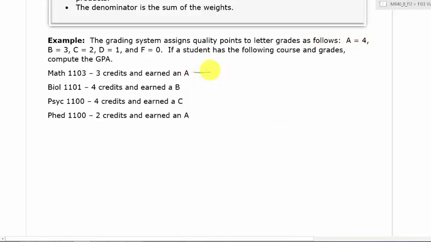So 3 times an A, which is equal to 4 points, gives us 12. And then we have a 4 credit class that they got a B in, and a B is worth 3 points. And then they had a 4 credit class that they received a C in, and a C is 2 points. And then they have a 2 credit class that they received an A in, and an A is worth 4 points.